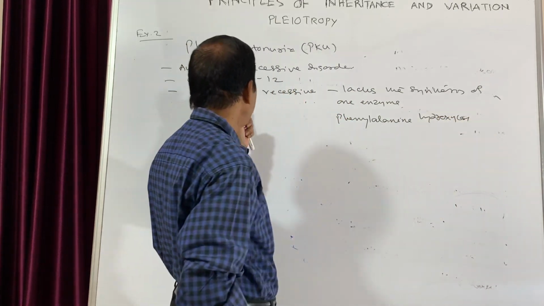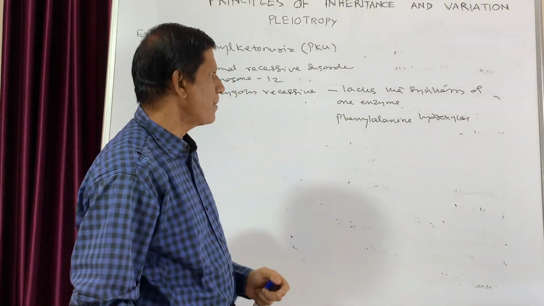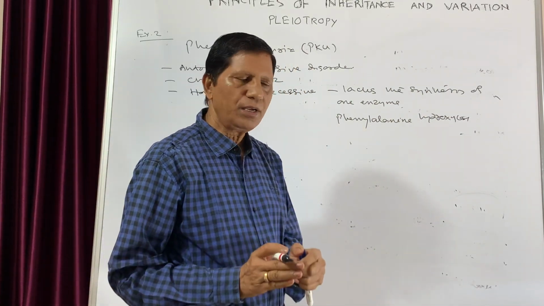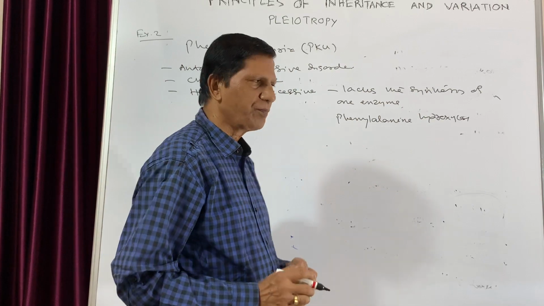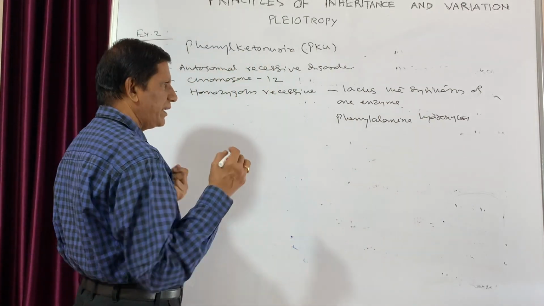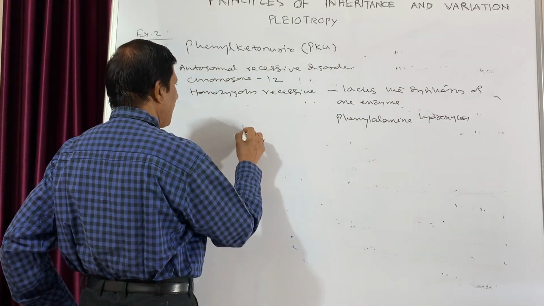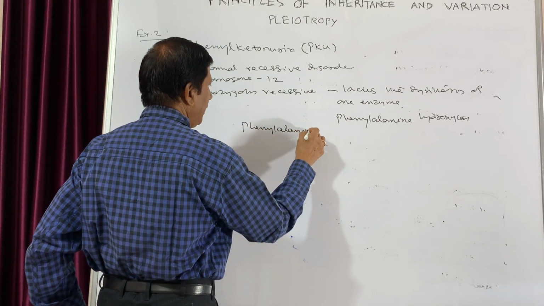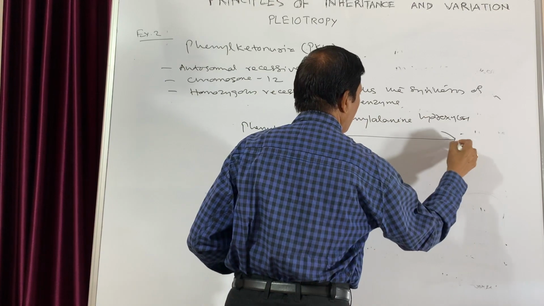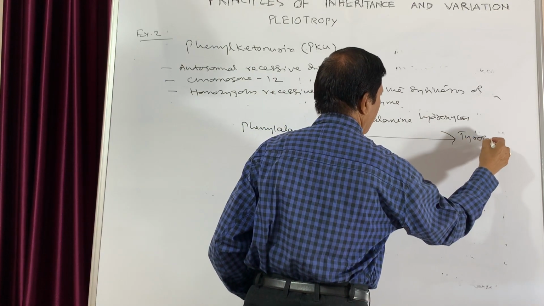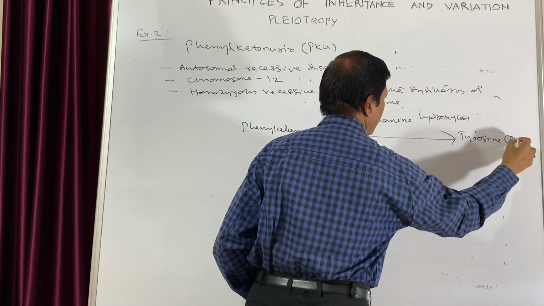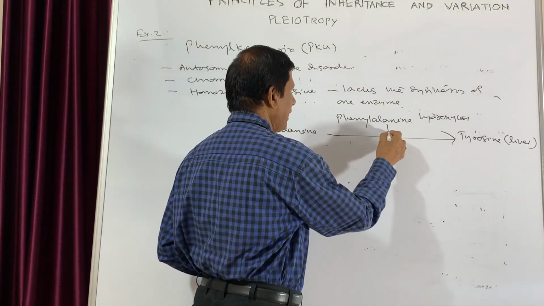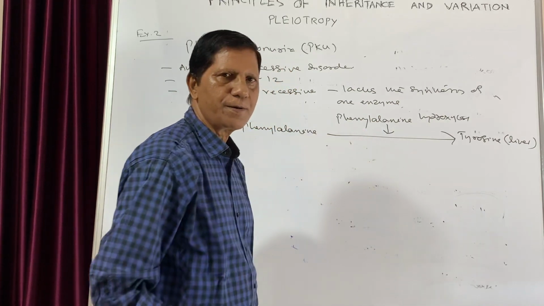That means when it is present in homozygous recessive condition, this enzyme cannot be synthesized. Now let us see what is the function of this enzyme. Usually in the body, the phenylalanine is converted to tyrosine inside the liver, and this conversion is carried out by this phenylalanine hydroxylase.